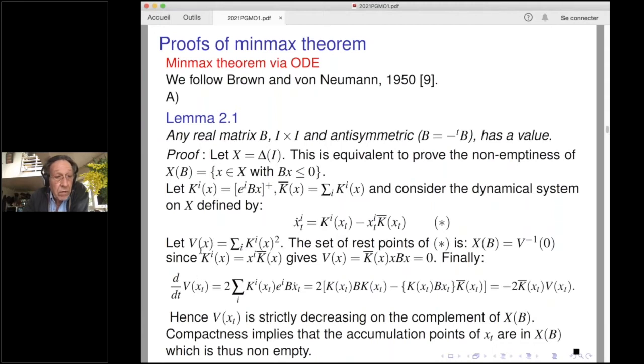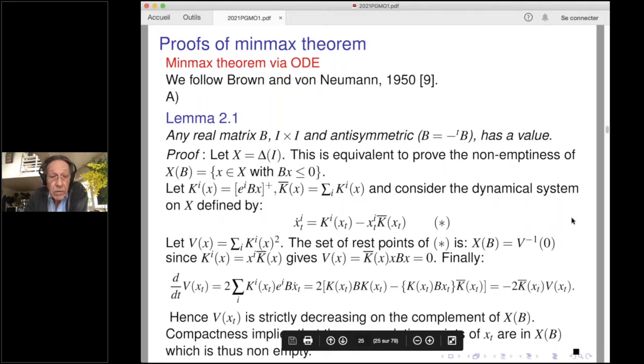Take the derivative of V of x(t). You get twice K of x(t), and then the derivative of x dot, which is given by this. This is the expression because x dot is this. What you obtain is that this term will cancel because B is antisymmetric, and you get minus 2 K bar V of t.